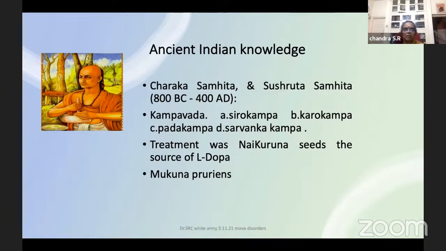In an era when even killing a mosquito in the compound wall is documented and applied for with a patent claim, these Naikurna seeds were freely handed over to the British invaders for doing research, because they found that this is helping our patients. They asked our ancient practitioners, and they simply gave it. So for one L-DOPA we would have purchased the world. So it went from India.